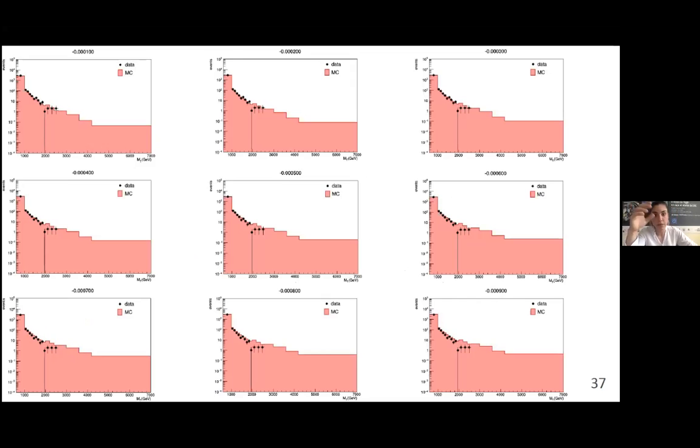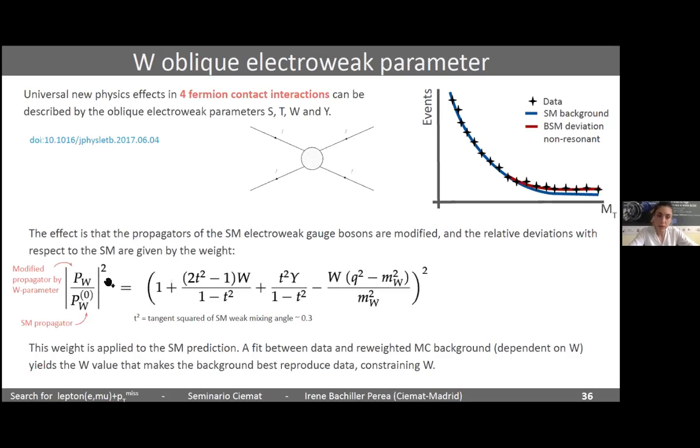But then we weight this standard model prediction for different values of the W parameter, that is the parameter on top. This weight is the ratio of the propagator as a function of W, this W parameter here, over the standard model propagator.